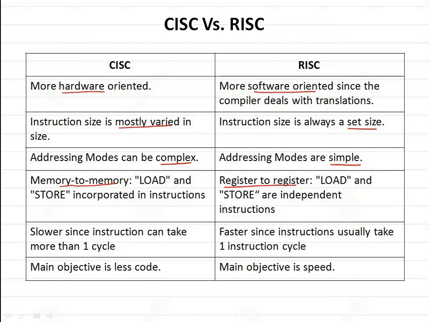CISC-based instructions are mostly slow because they require more than one cycle to perform an instruction, while in case of RISC the instruction execution is fast because it requires only one instruction cycle. And finally, the main objective is less code in case of CISC-based architecture, while the main objective is speed in case of RISC-based microprocessors.